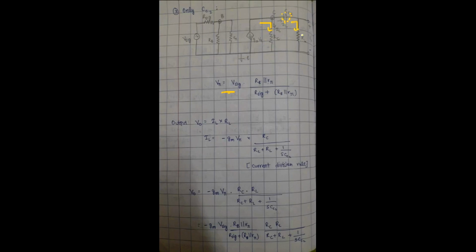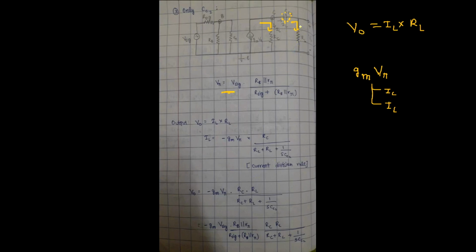Once we find the current that goes through RL, we can find VO as IL into RL. So we know that our gm V pi is splitting into IC and IL. How much flows through RC and how much flows through this capacitor and RL is found using current division.